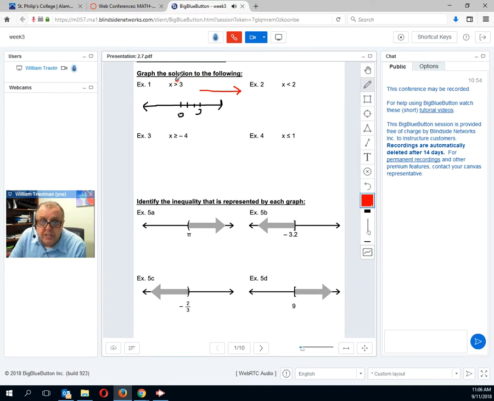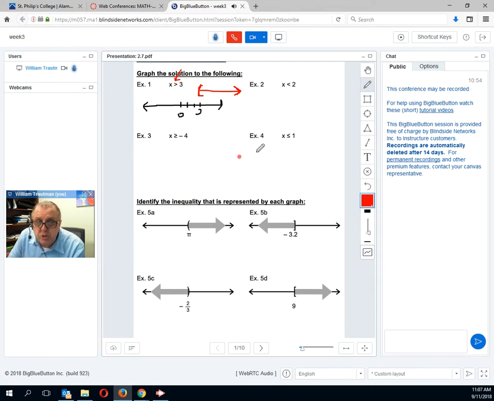Since there's no equal sign here, by the way, since this is an inequality, it says x is greater than, there's no equal with that. We put a parentheses. And the parentheses is always turning towards the arrow, wherever the arrow's going. So this is the answer to problem 1.